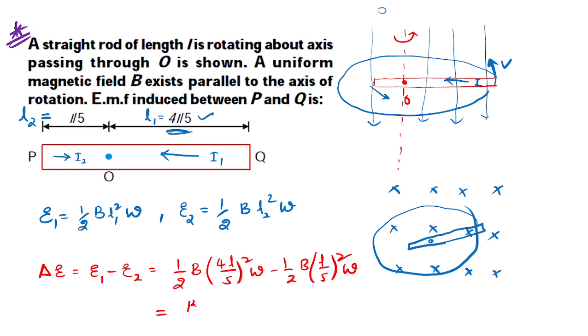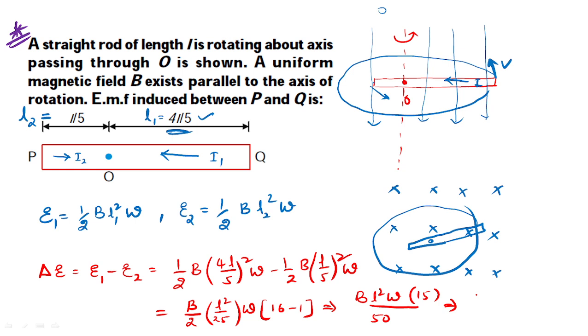I know that B is common, half is also common, L square divided by 25 also I can take common, omega also I can take common. 4 square will be how much? 16 minus 1, yes or no? So the total answer will be B L square omega into 15 divided by 50. So your answer will be 3 by 10 times B L square omega.